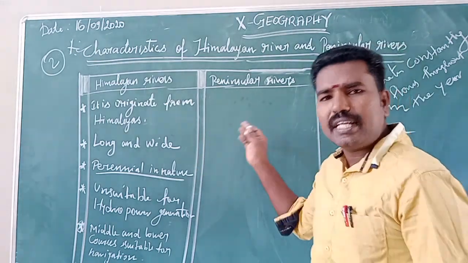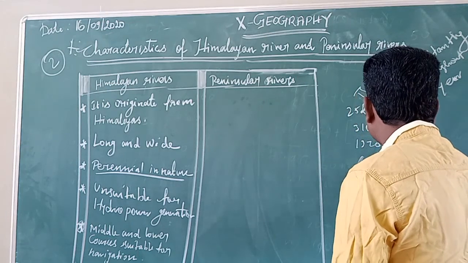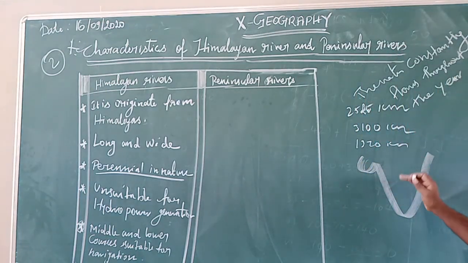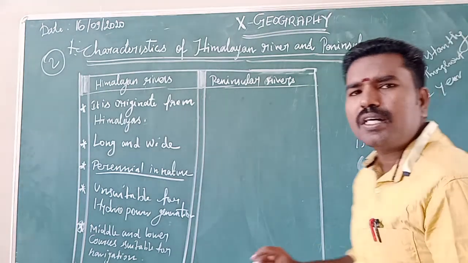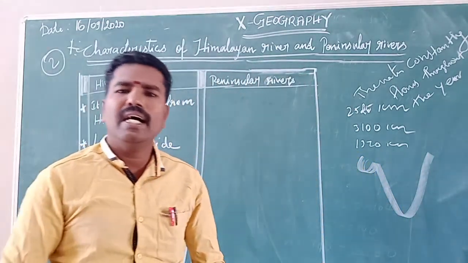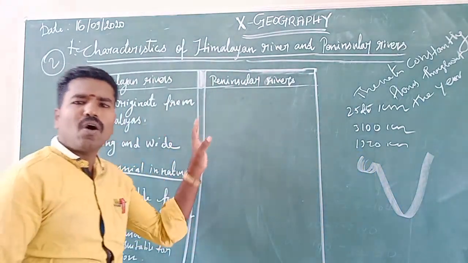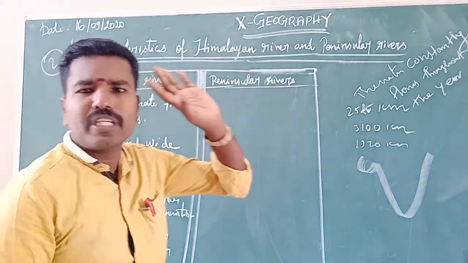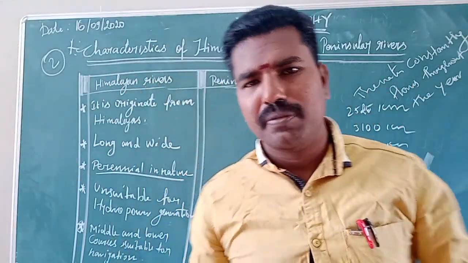So South India is known as peninsular India. The rivers that flow in South India and originate from the Western Ghats mountains are known as peninsular rivers.